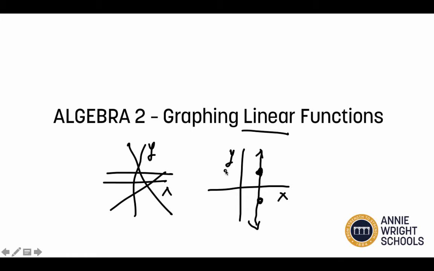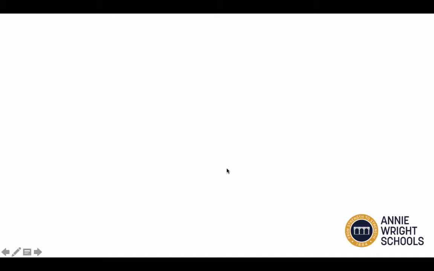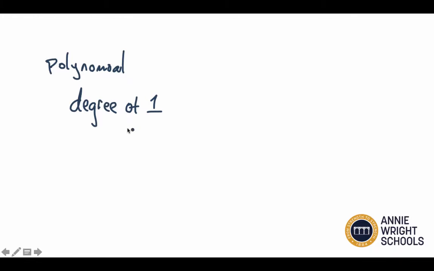To be fully mathematical here, I would define a linear function the following way. I would say a linear function is any polynomial function where the highest degree of x is 1.